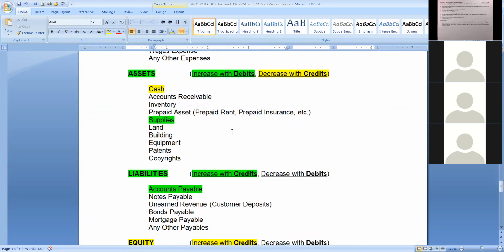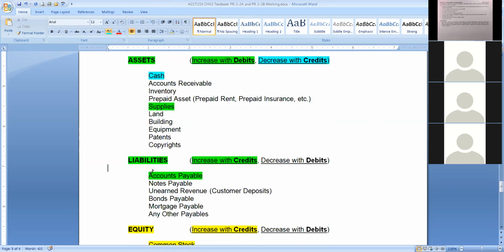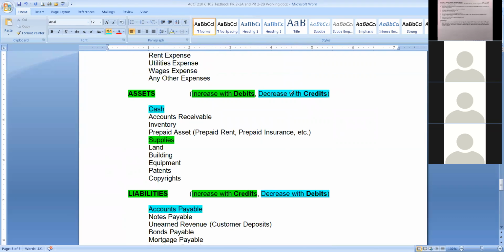Cash is decreasing with a credit. Accounts payable is also decreasing and will be decreasing with the debit. So accounts payable is the debit. Cash is the credit.